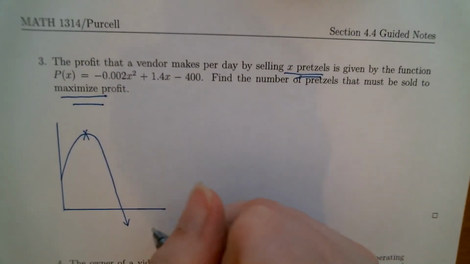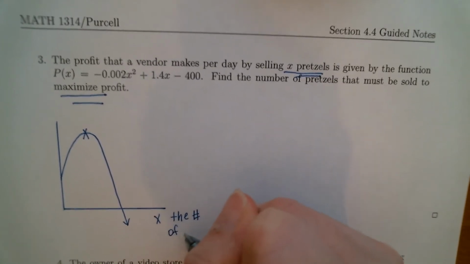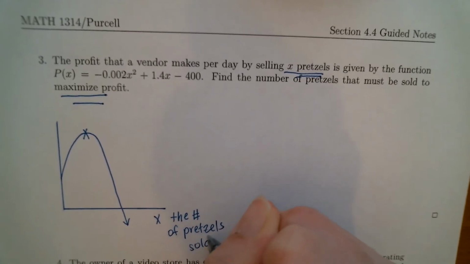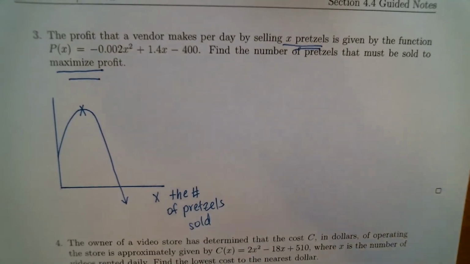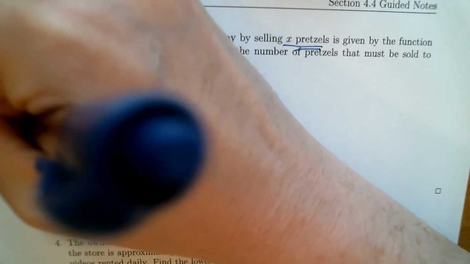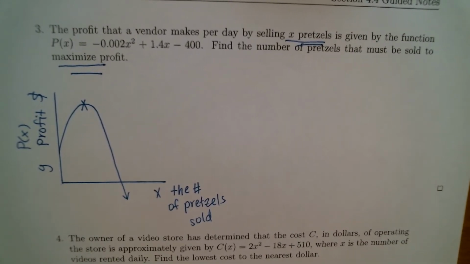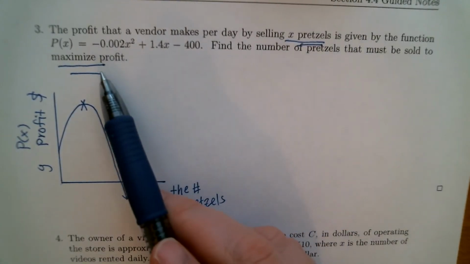So X is going to represent the number of pretzels sold. And then the output, which is the y-axis, is P of X, the profit per day, and the profit is of course money, so it's measured in dollars.